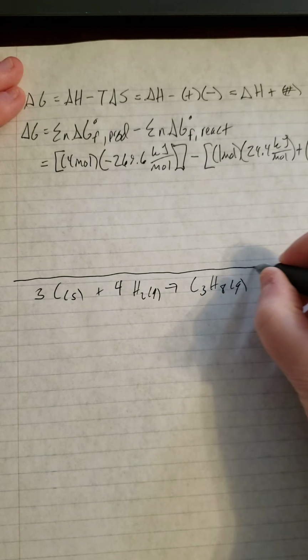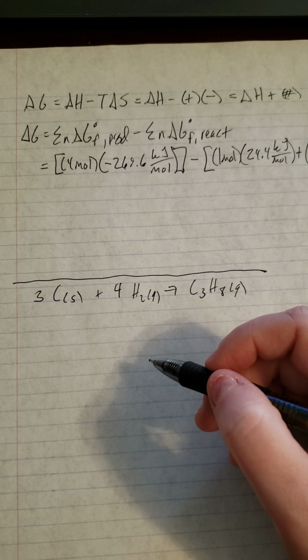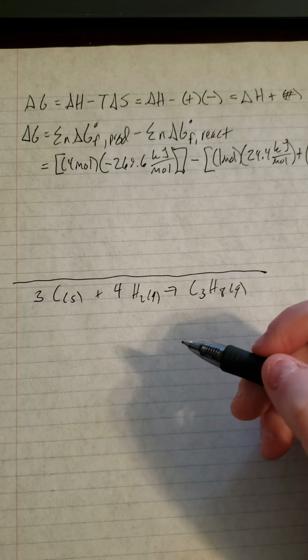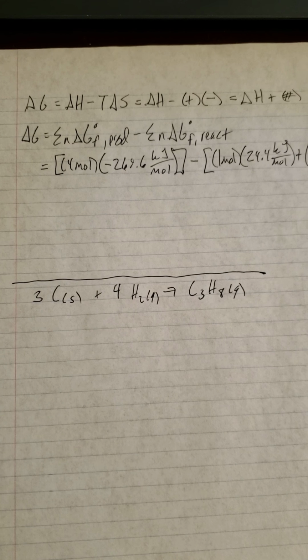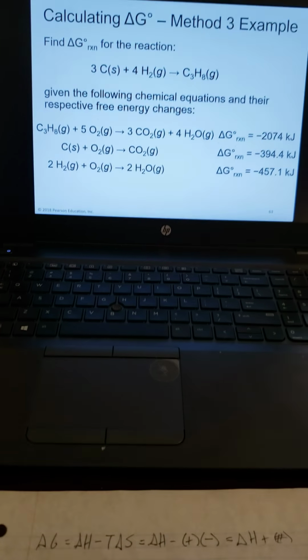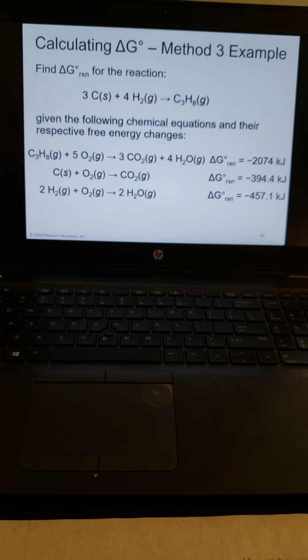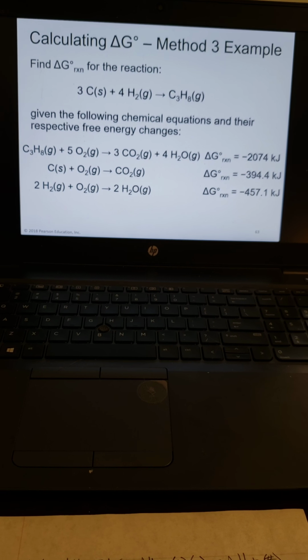Now, remember, when we do these types of questions, pick something from one of the given equations that you need. I would pick something that doesn't exist in multiple equations. Like, look, CO2 appears in multiple things and it doesn't appear in the overall. Oxygen appears in all 3, but it doesn't appear in the overall.